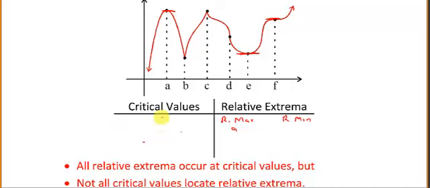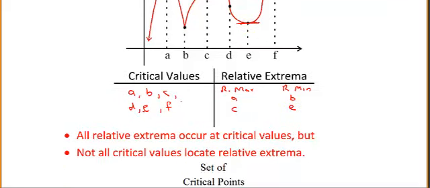Of course, all of these are critical points: a, b, c, d, e, and f. At a we have a relative max. At c we have a relative max. Both are the tops of hills. At b we have a relative min. It's the bottom of a valley. And at e we have a relative min, the bottom of the valley.